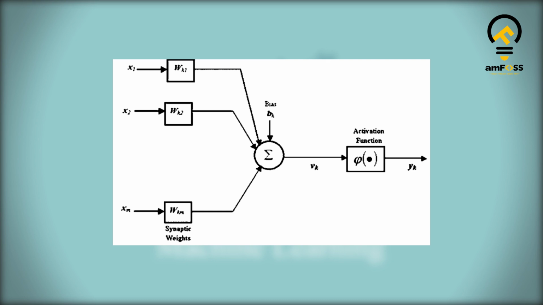Then this weighted sum acts as a firing parameter that decides whether the neuron should fire or not. So we have a function that is the activation function. The activation function decides whether the neuron should fire or not.